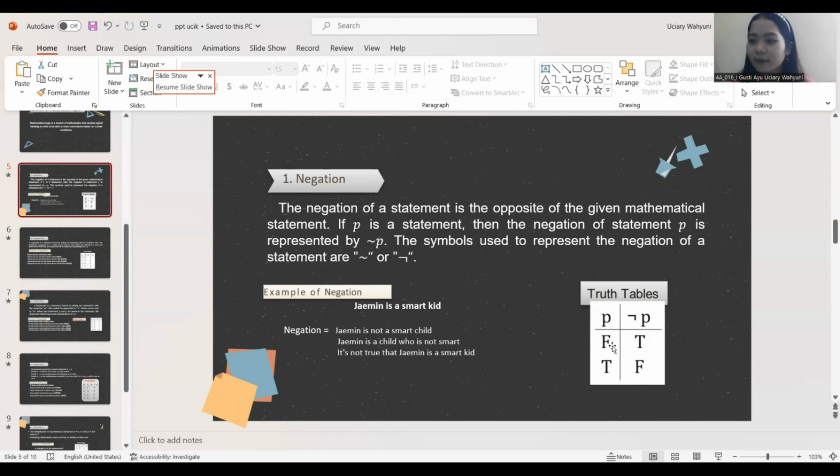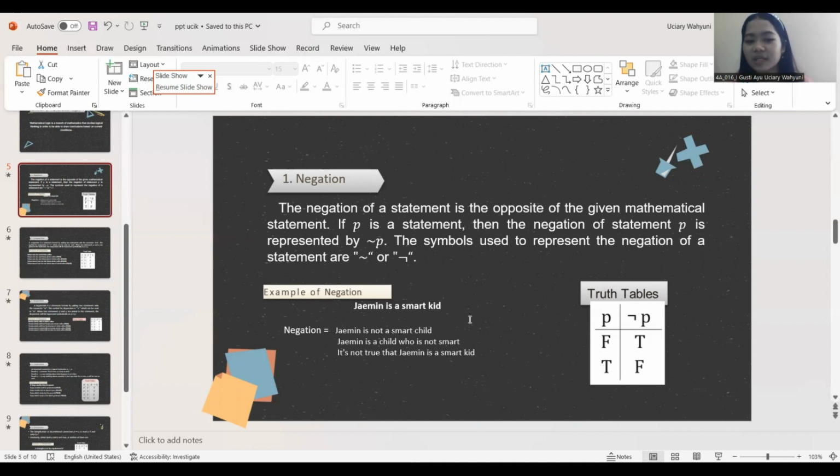If P is false, not P is true. But if P is true, not P is false. For example, Jamie is a smart kid. The sentence is true. So, from the table, if the sentence is true, the negation must be false.